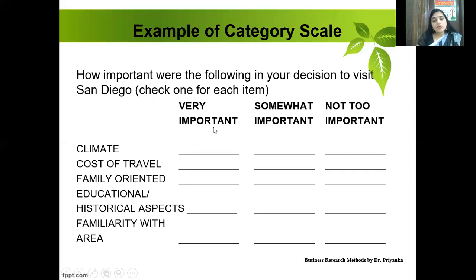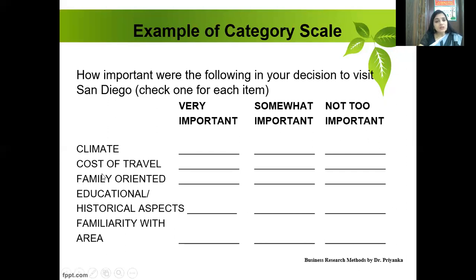Or up to what extent you actually considered those factors? For example, climate. Do you think climate consideration was important or not? Yes, you can say very important, because when you are visiting the country, you really need to check what would be the climate, so as to pack your clothes accordingly, pack other material accordingly, right? So you can actually check very important, and it depends on person to person preferences.